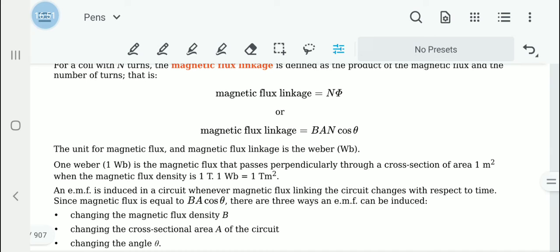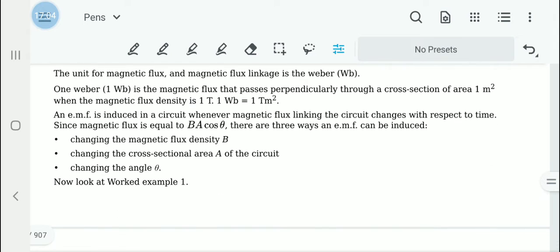Magnetic flux and magnetic flux linkage are both measured in Weber, capital W, simple b. Then define one Weber. 1 Weber is the magnetic flux that passes perpendicularly through a cross-section of area 1 meter squared when the magnetic flux density is 1 T. Therefore, 1 Wb is equal to 1 T m squared.